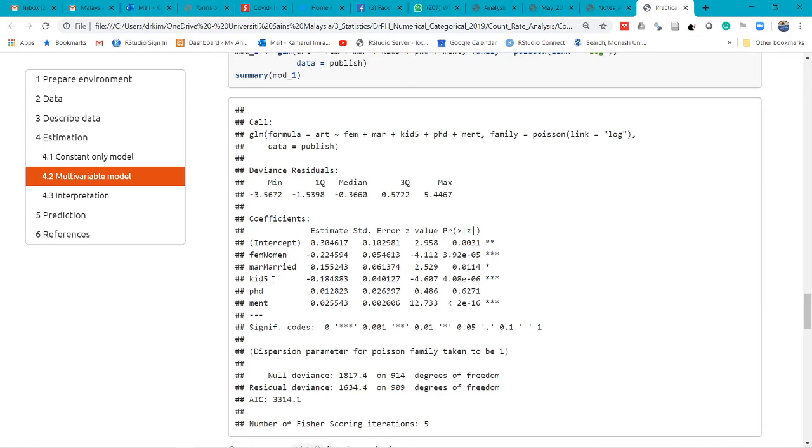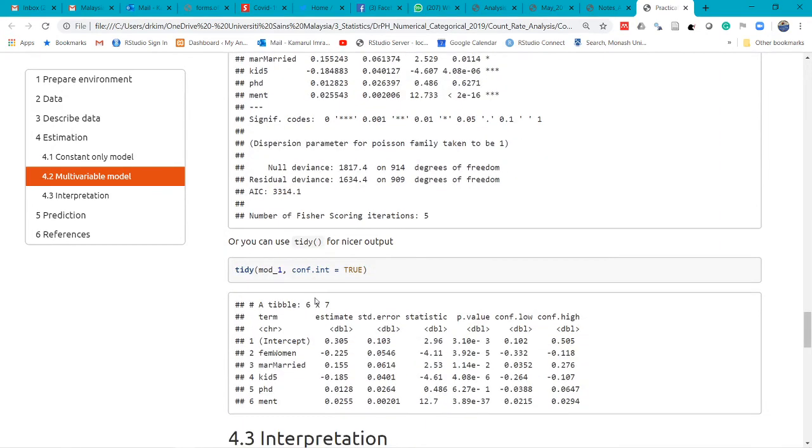With one increase in the number of kids, the log of count changes by a factor of minus 0.18. With one unit increase in PhD, the log of count increases by a factor of 0.013, and so on and so forth.